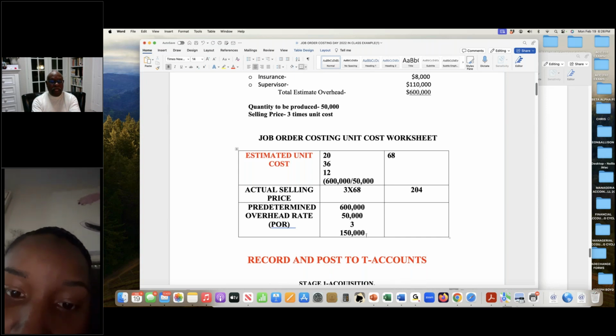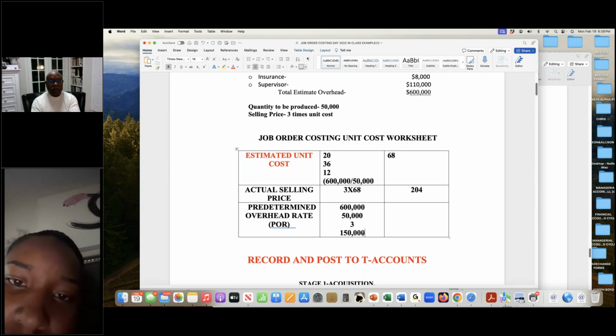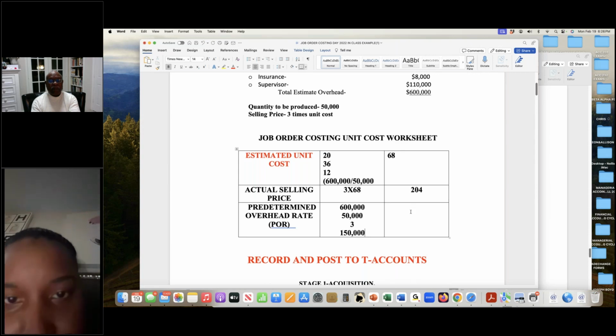The final thing we're going to do is divide line 1 by line 4, the total overhead by the 150,000. And so what is our POR going to be? 4.